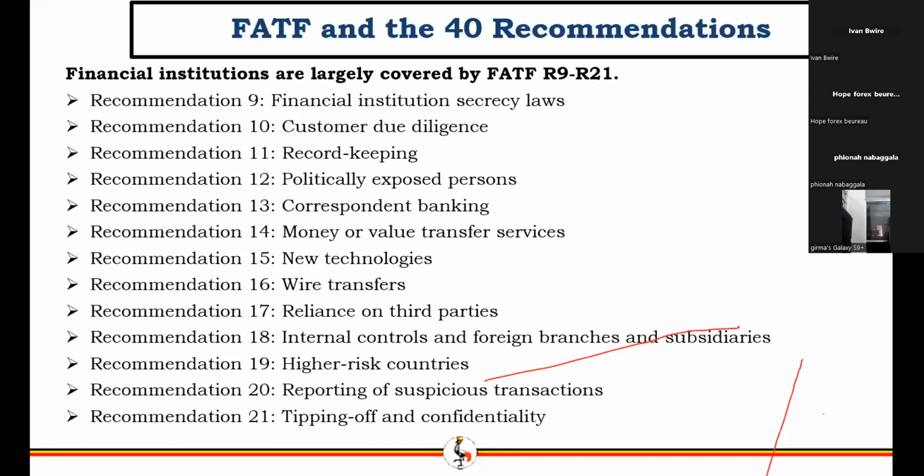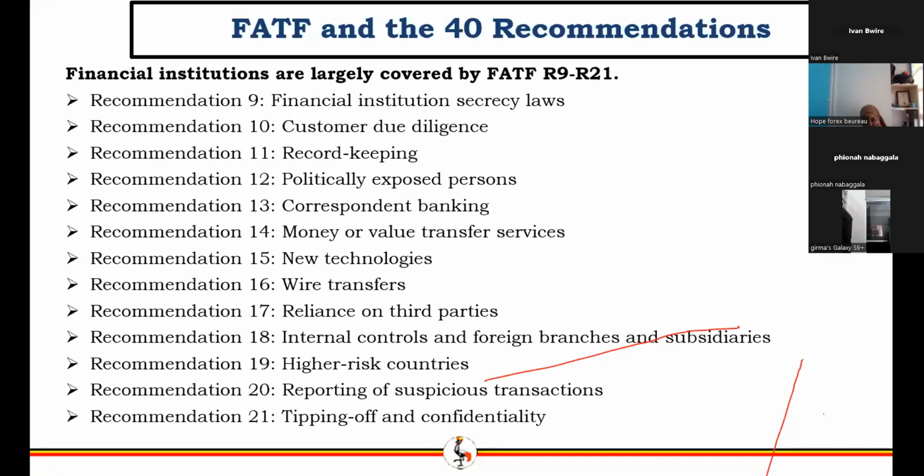Recommendation 9 is on secrecy laws. In this, FATF is saying that no law on confidentiality can stop or hinder the provision of information to an FIU, that the right to secrecy cannot be used by any entity to say that you're not going to provide information because you have an overriding right of secrecy for your client as opposed to the FIA.